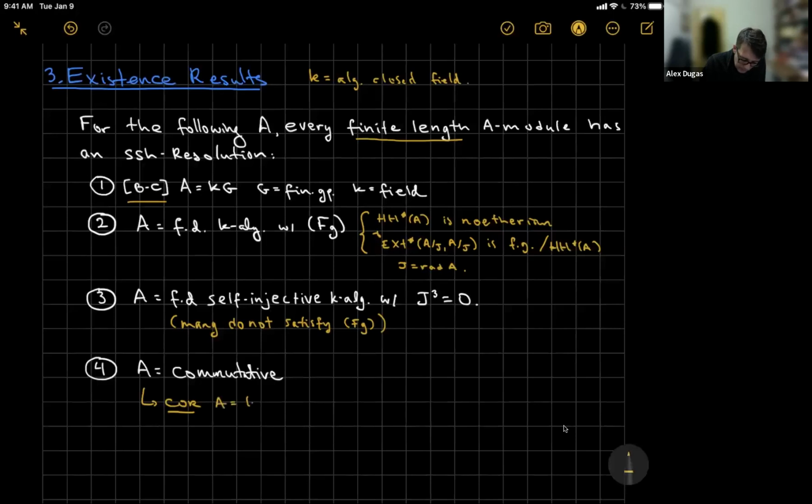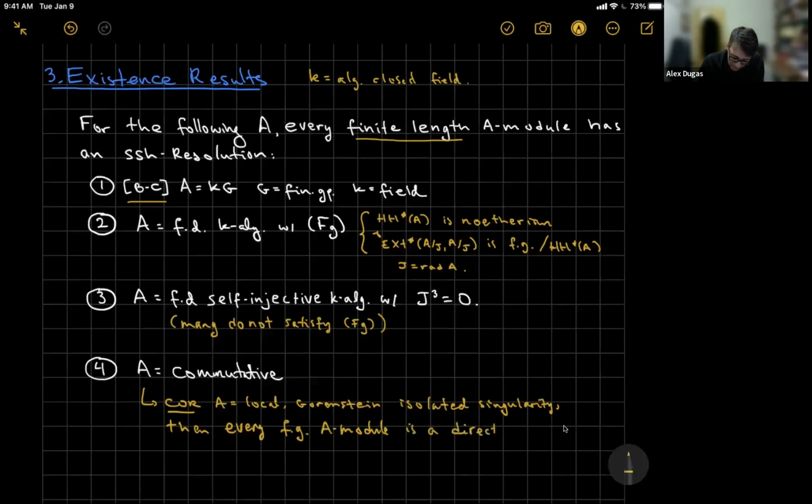Here, if A is a local Gorenstein isolated singularity, then every finitely generated A module is at least a direct summand of a module with an SSH resolution.